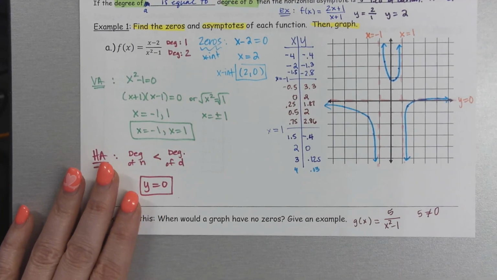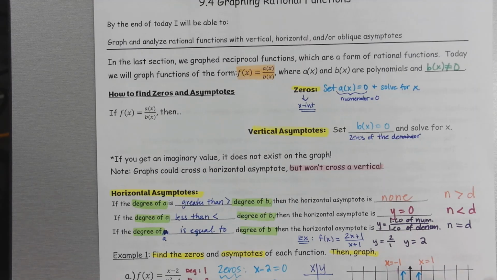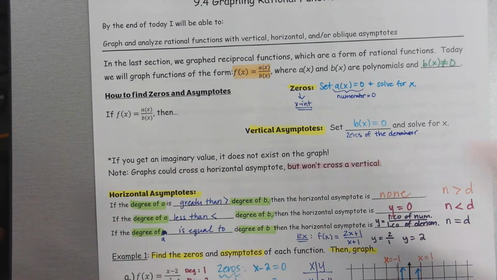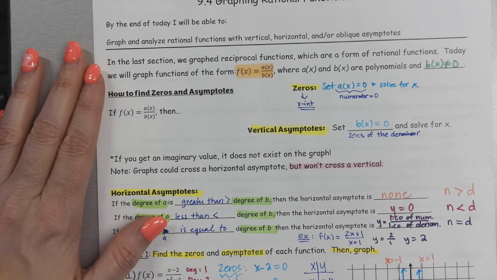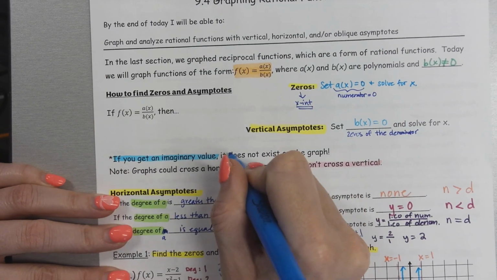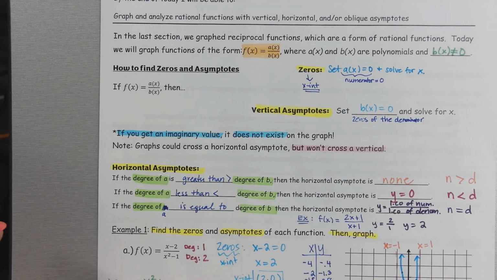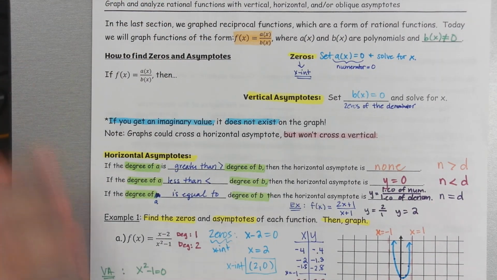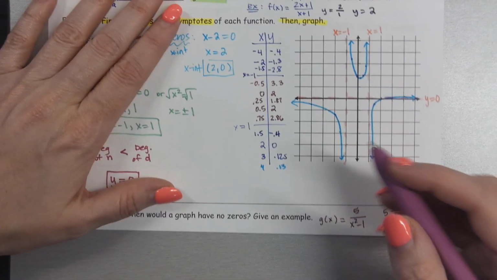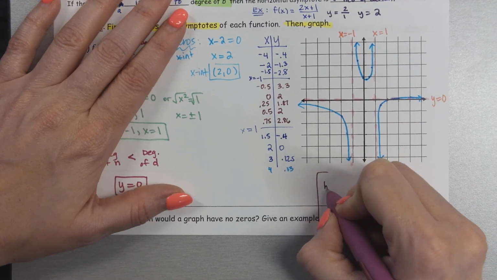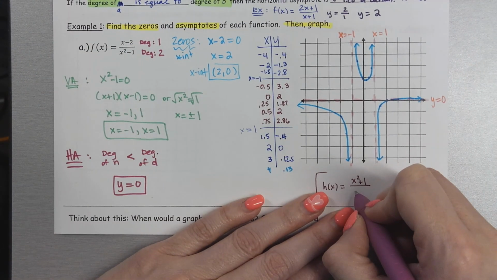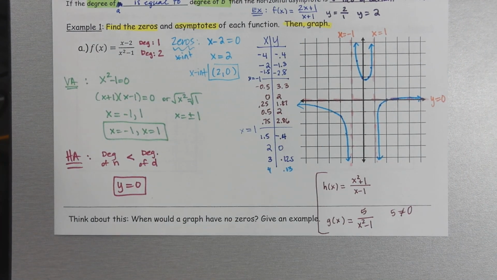Okay, another case that I mentioned above here is if you get an imaginary value, it does not exist on the graph. So that's important to know as well. If you get an imaginary value, it does not exist on this real graph that we're doing. Okay, so that would be something like, let's say you have h of x equals x squared plus 1 over x minus 1.